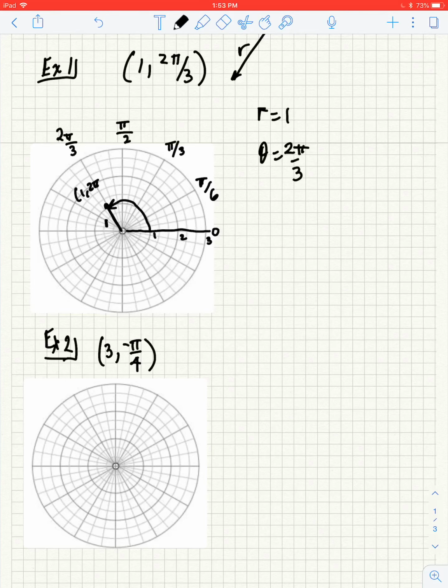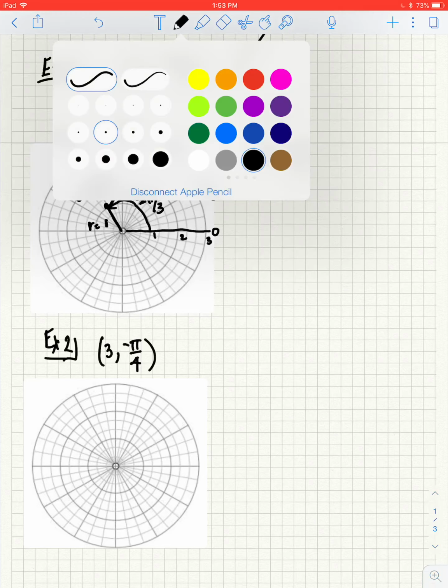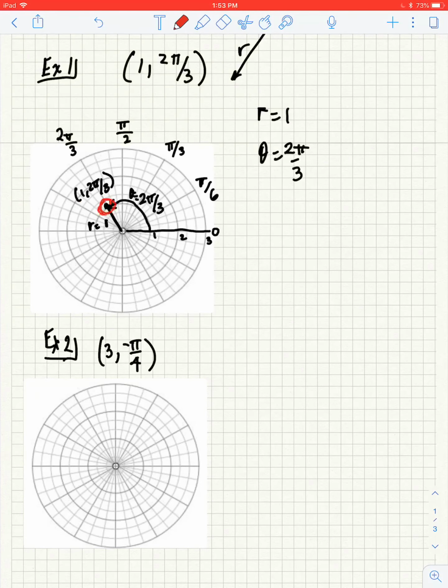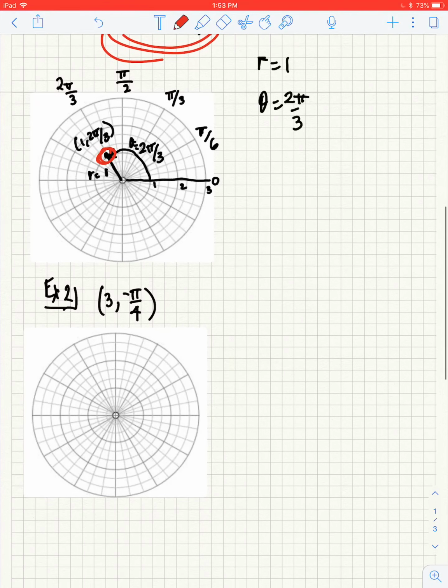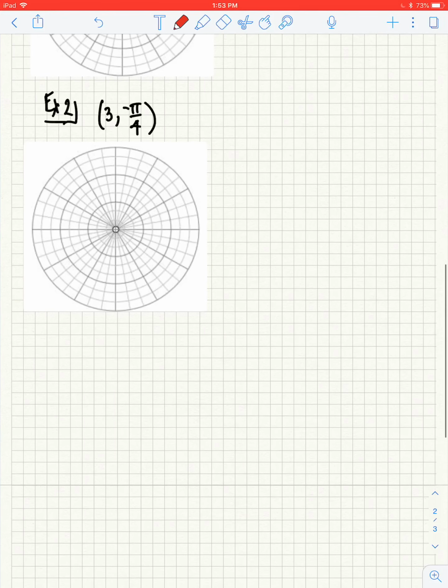So this point would be (1, 2 pi over 3). You can see the angle here is 2 pi over 3, and your radius is 1. So it looks like that. This is the point (1, 2 pi over 3).